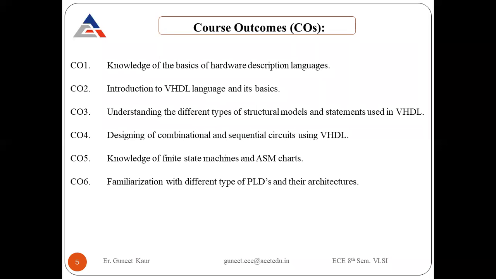What is the meaning of the word hardware description language? So actually VLSI is a language part. So we will make programs in this language.